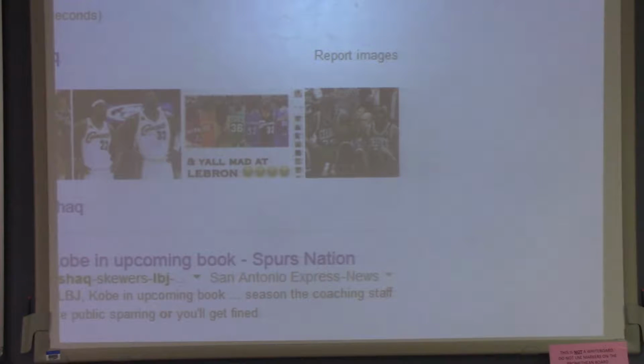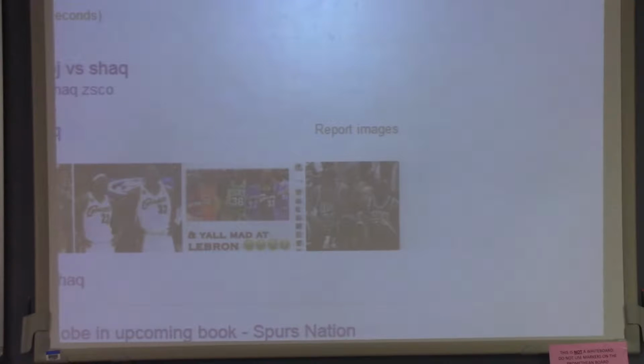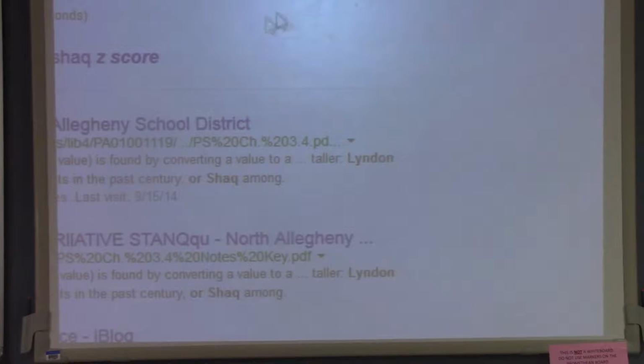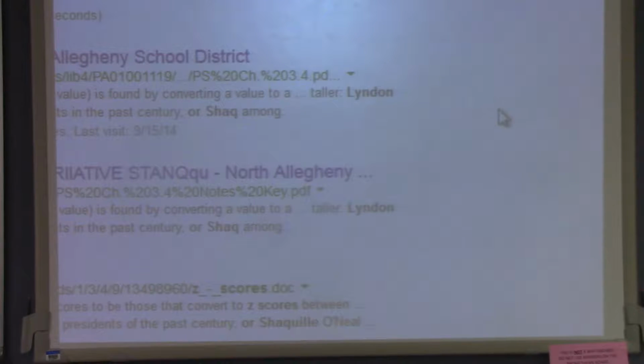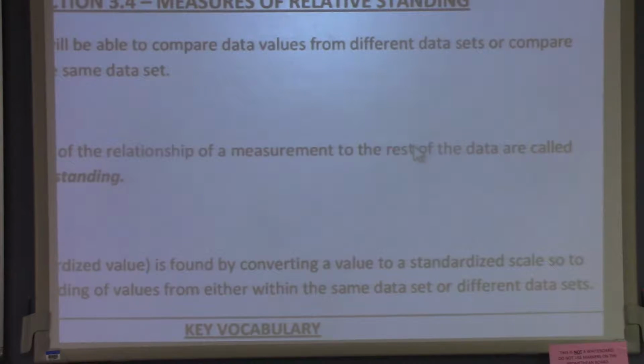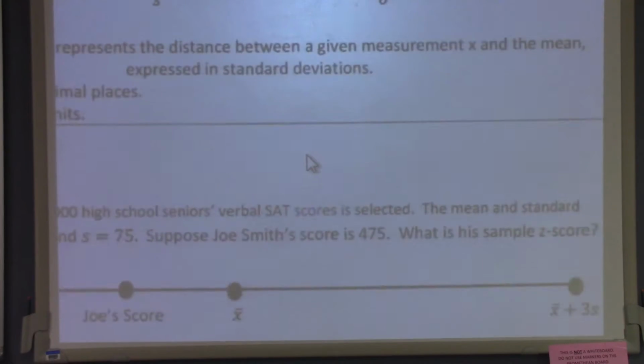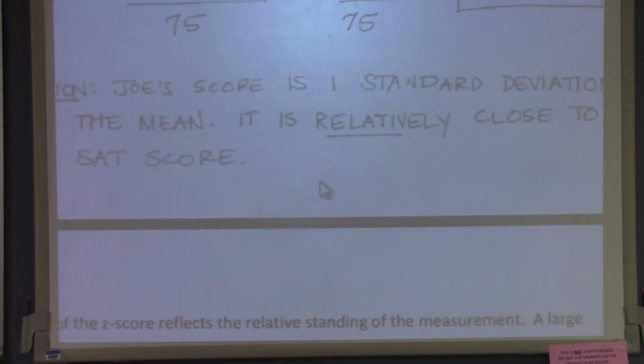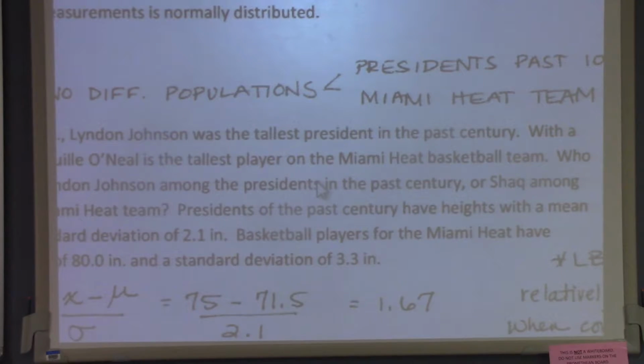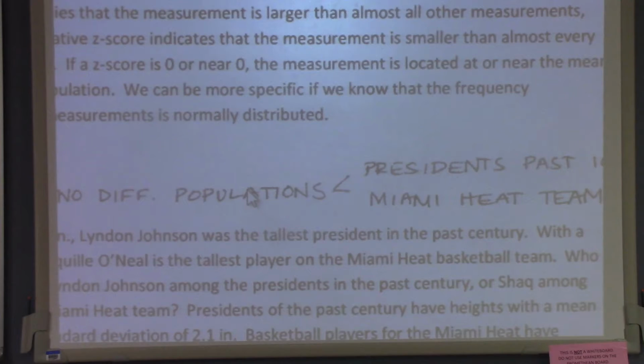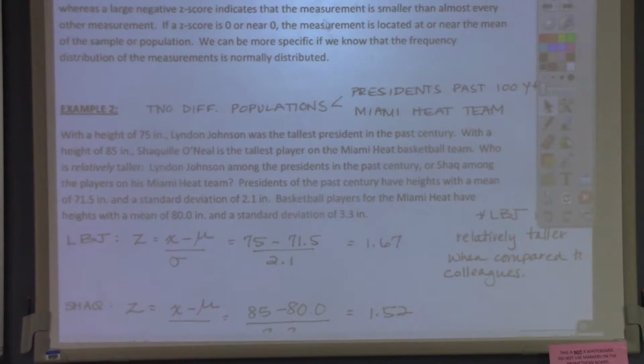I think we're talking about a basketball game. LBJ versus Shaq. Z-score. There we go. There is the example that I'd like to use.